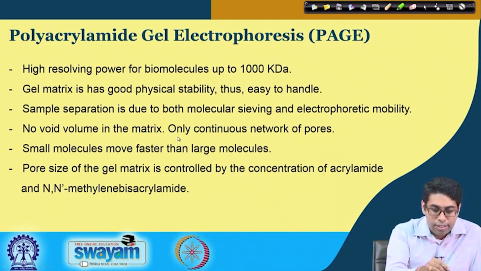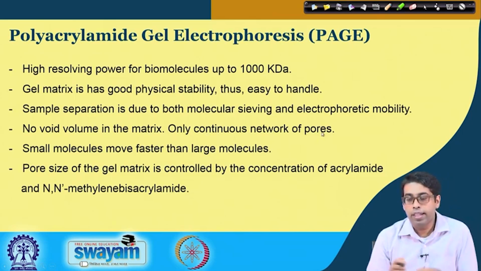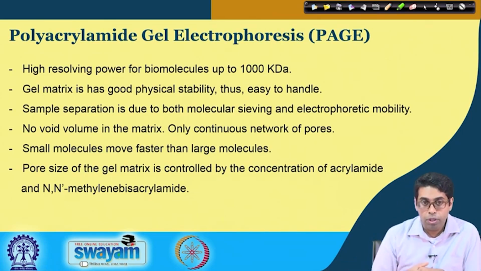So, in this SDS page gel and also in agarose gel, they have only a continuous network of pores, which means that in case of size exclusion chromatography, larger molecules can enter the void volume, and so they can quickly reach the end of a column. But in this case, all the molecules will have to pass only through pores, since there are no void volumes.